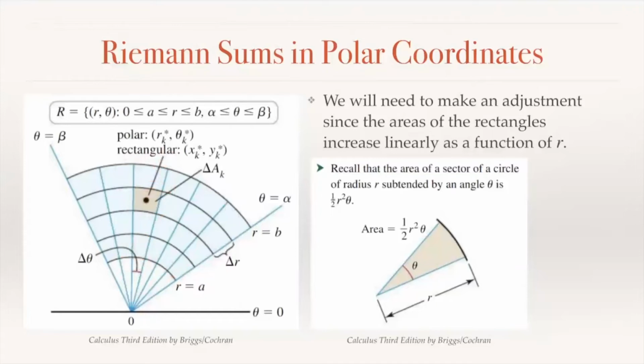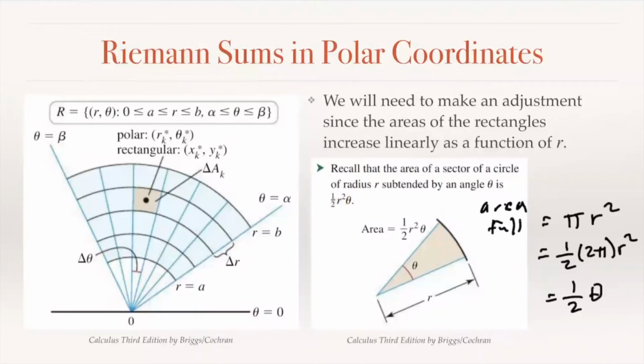That area is less than that area, even though they both have the same delta r and delta theta. And recall that the area of a sector of a circle of radius r subtended by an angle theta is 1/2 r squared theta. You can get this by the full area of a circle being pi r squared. You can think of this as 1/2 times 2 pi times r squared.